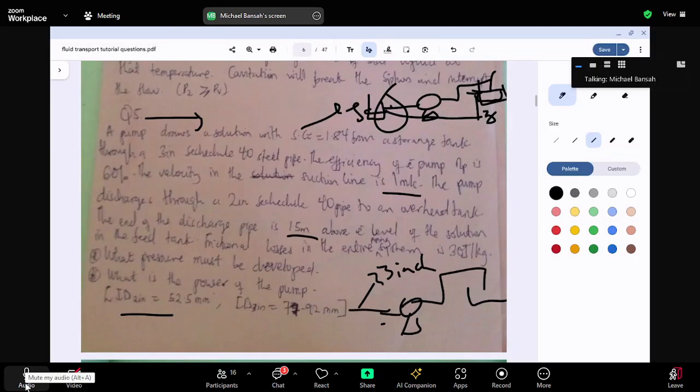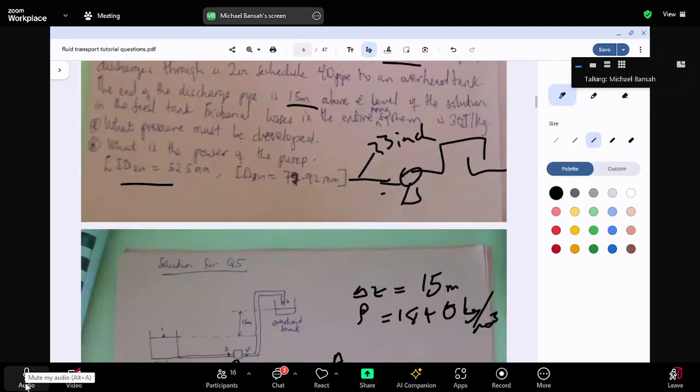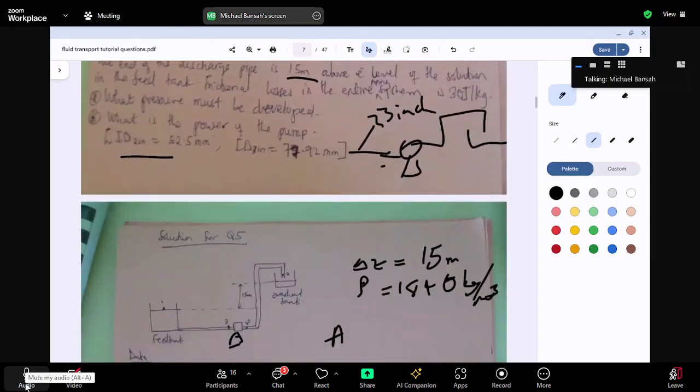And I mentioned that when we say pressure developed, it comes from the definition of what a pump does. A pump is supposed to increase the mechanical energy of a fluid. So if it should manifest as pressure, then it means my pressure at the suction point and the pressure at the discharge point will be different. Here and here will be different.